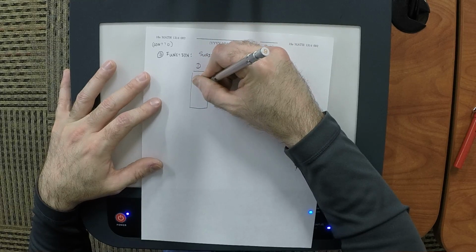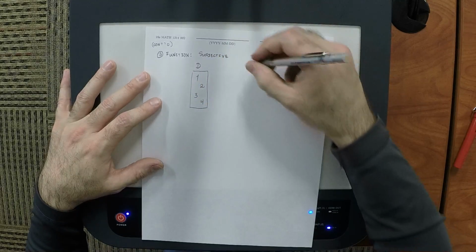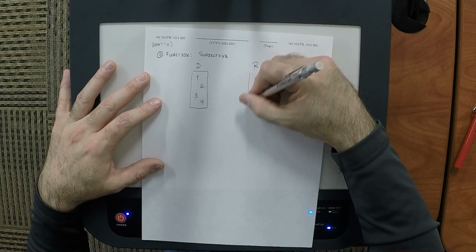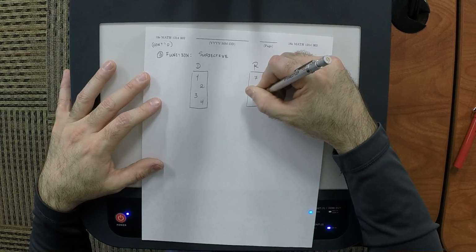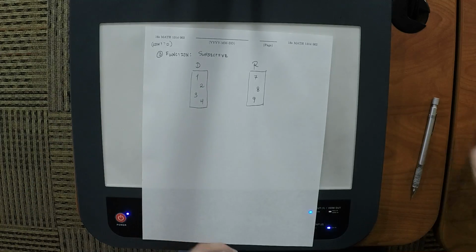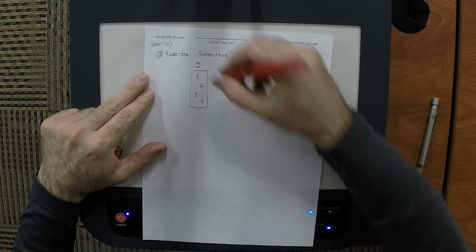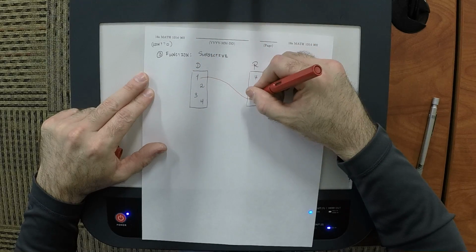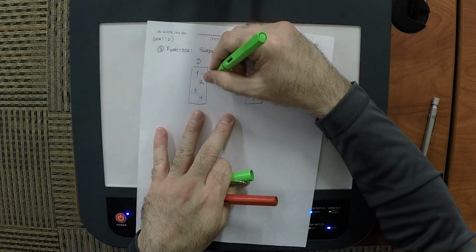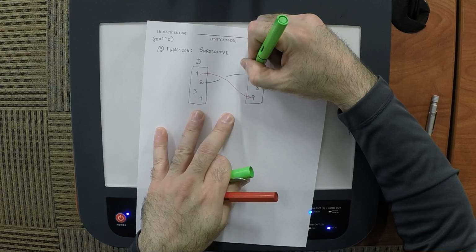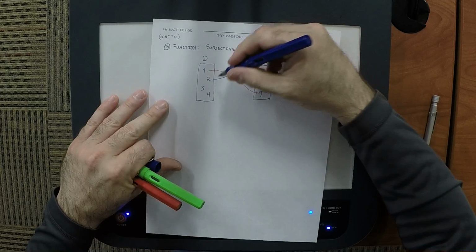So 1, 2, 3, and 4 in the domain, and in the range 7, 8, 9. So now I'll say what button gives you what. So 1 to 9, 2 to 7, 3 to 8.